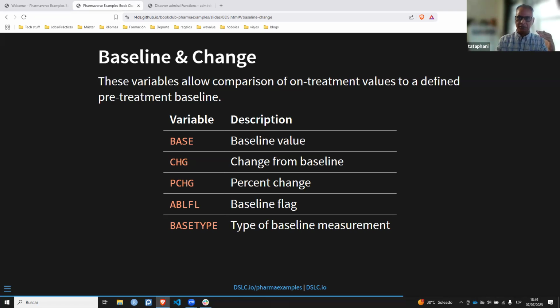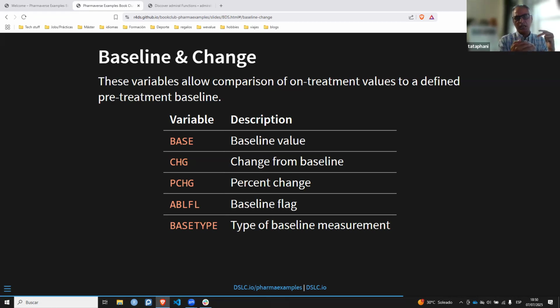Across the remaining visits, they compare with the baseline value. If it is greater or less, the change variable tells whether it is more or less than the baseline value.